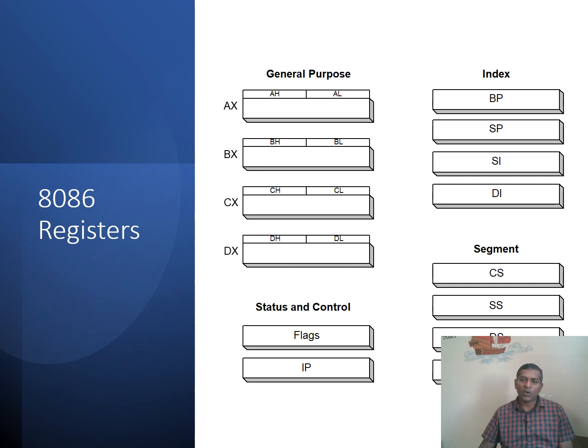Now we will look at the general purpose registers, say AX, BX, CX, DX, some index registers, base pointer, then source index, destination index and the stack pointer. Then we have some flags and the instruction pointer register.